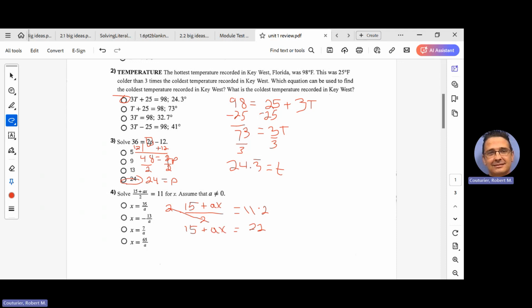All right, I'm trying to solve for x. Put a box around this term. That means I need to get rid of a positive 15. I have to subtract. And if I do it to one side, I have to do it to the other. All right, so 22 minus 15, we end up with 7.